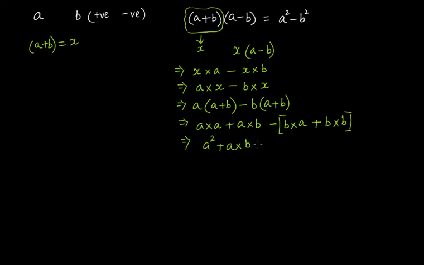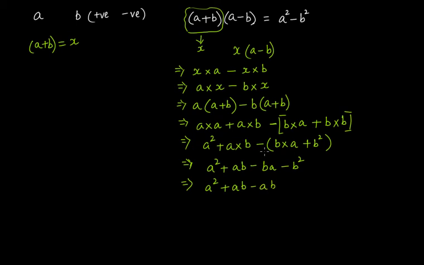Now this is minus b times a plus b squared, and if you solve it you get a squared plus a times b, minus ba, minus b squared. We have opened the bracket. Now this is a squared plus ab, and we can write ba as ab, because of the commutative property of multiplication: a times b is equal to b times a.